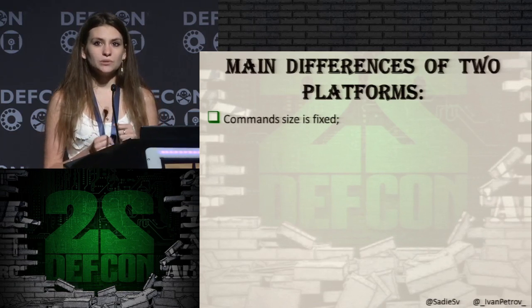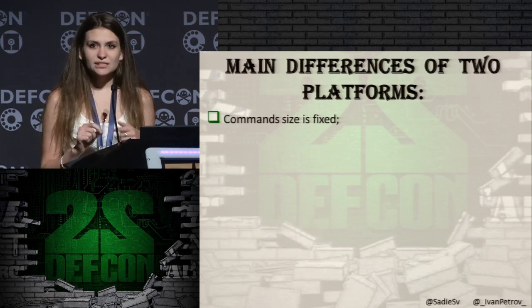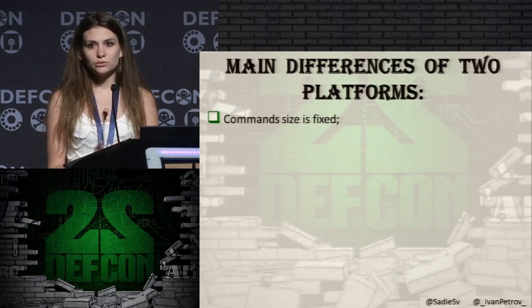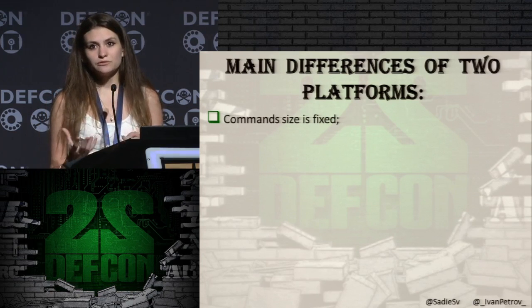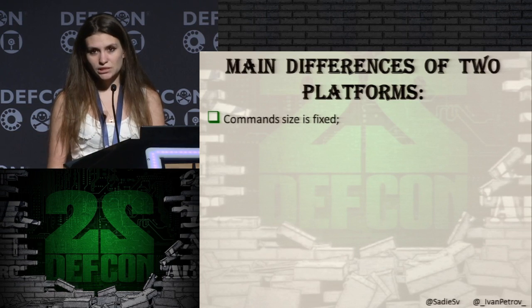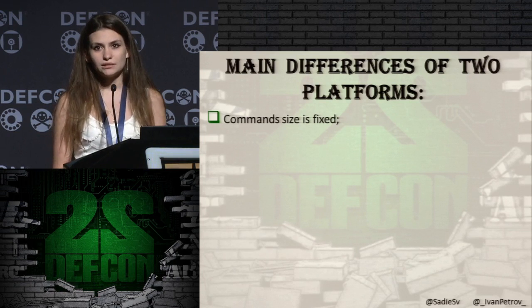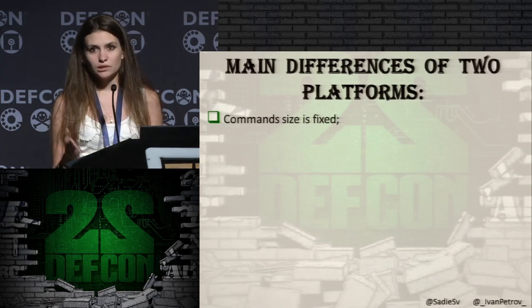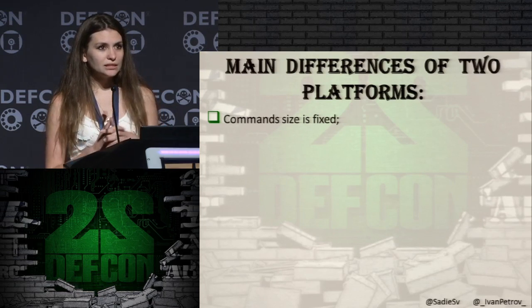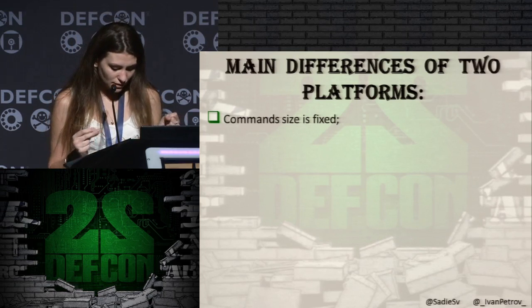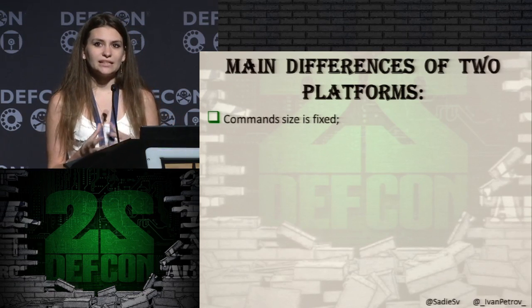In x86, instruction size varies from 1 byte to 16. Actually, in ARM-based platform, we have 32 bits for ARM CPU mode and 16 bits for Thumb mode. And actually, it's fixed.